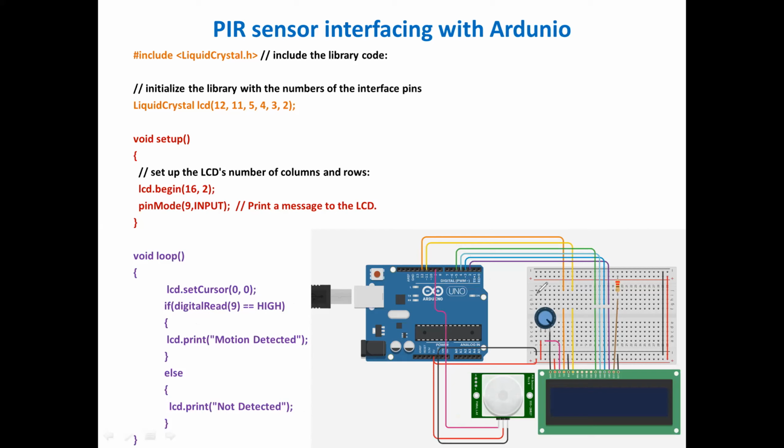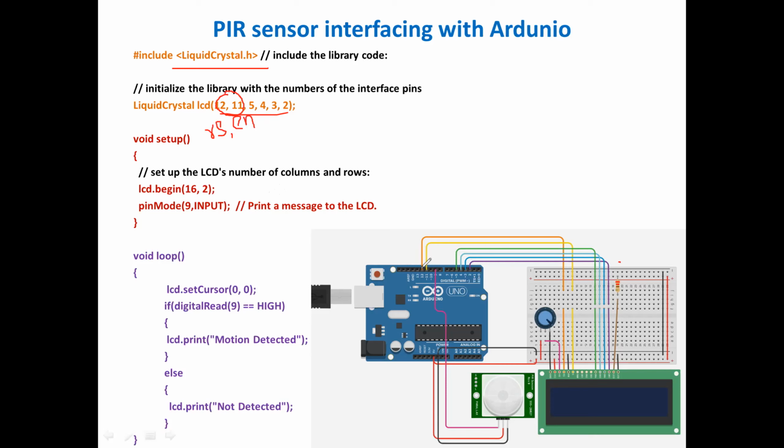The rest of everything is going to be the same, like we have seen interfacing with LCD. We will use the header file LiquidCrystal.h, and these are the pins which we are interfacing with the LCD. For example, 12 and 11 are the RS pin and enable pin.